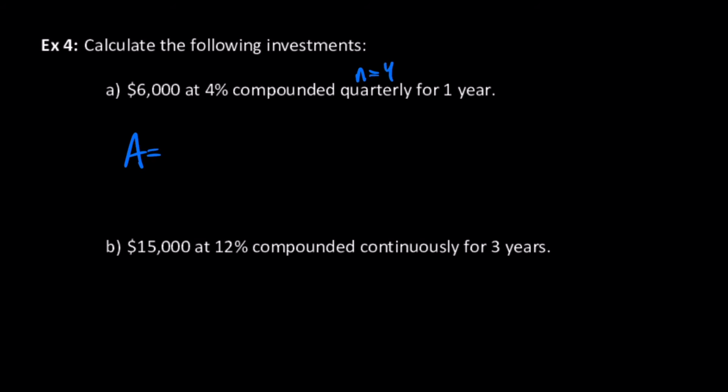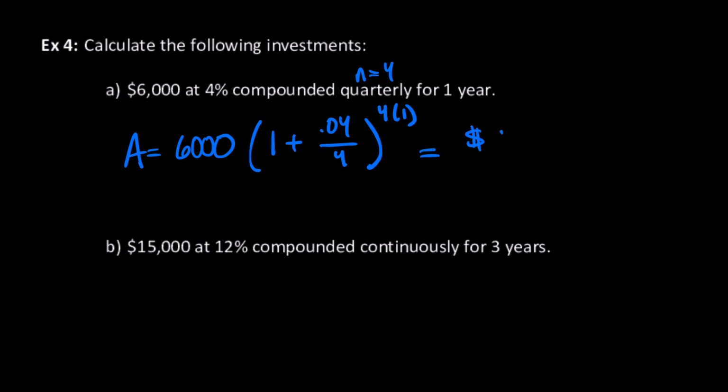Initial amount is $6,000. 6,000 times 1 plus our interest rate, 4% is 0.04, divided by the number of times it's compounded. So that's 4, to the 4 times how many years? And then we're just going to throw that right into the calculator. $6,243.62.